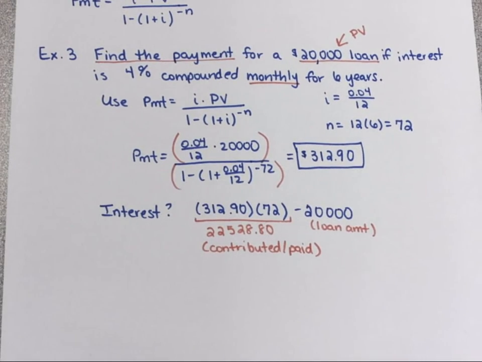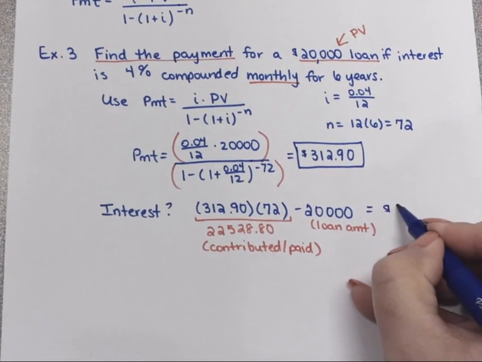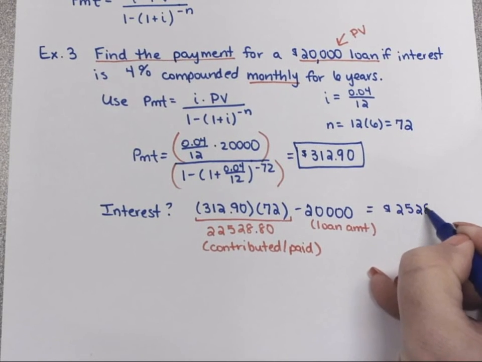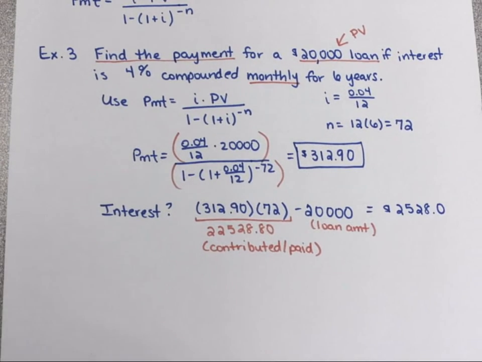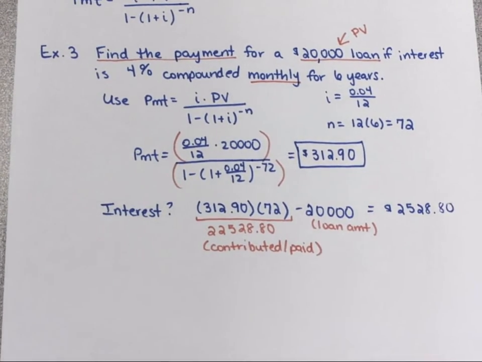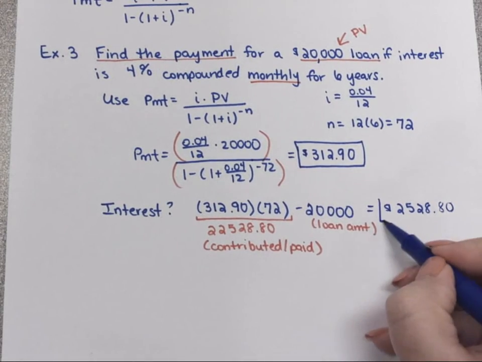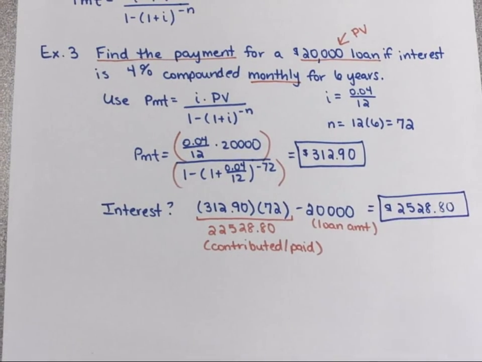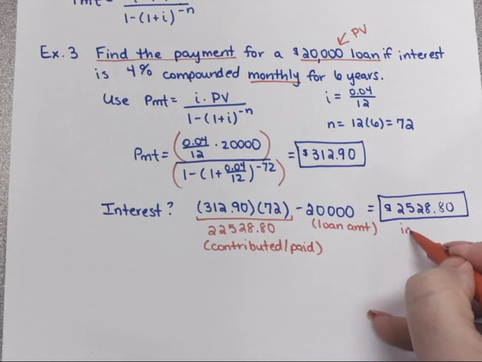And so the difference between the two will be the amount we paid in interest, which is $2,528.80. So this amount is how much extra we're going to pay for that loan.